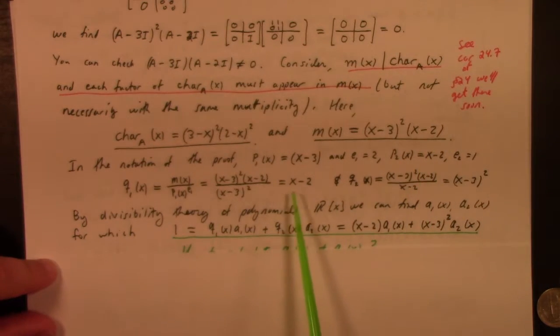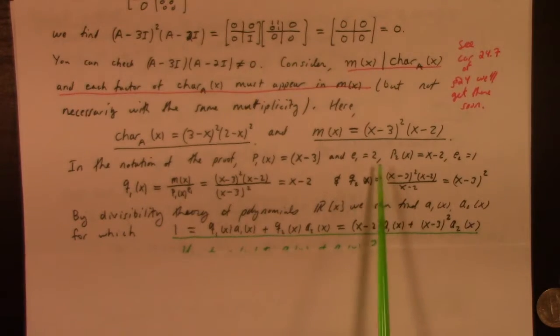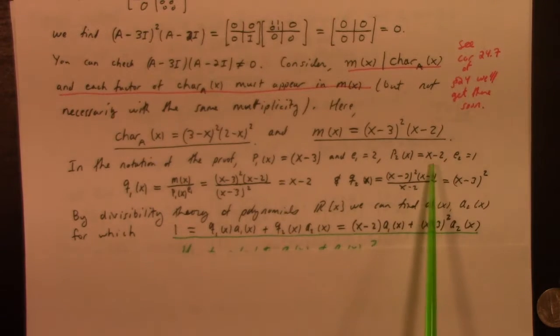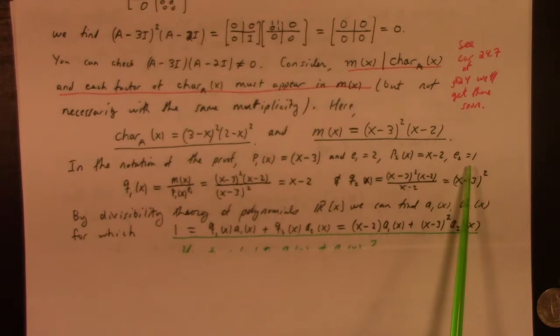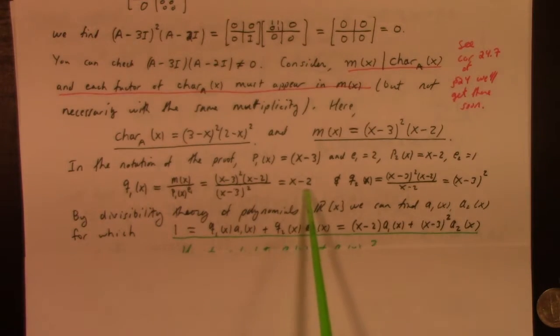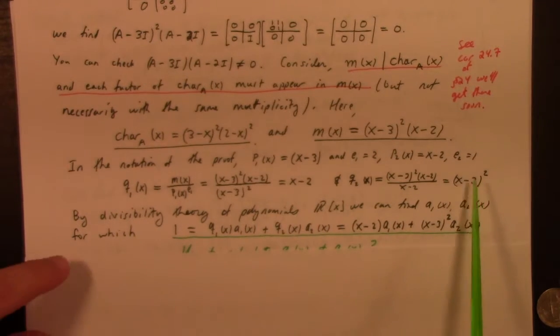So in the notation of the proof, we have the first prime power is x minus 3, and e1 is 2, and then the second prime is x minus 2, and it's just to the power 1, right? So our first quotient, q1, would just be x minus 2, whereas q2 would be x minus 3. These are both prime.